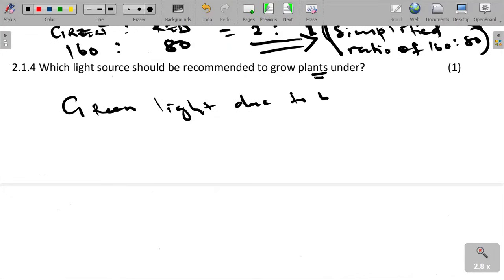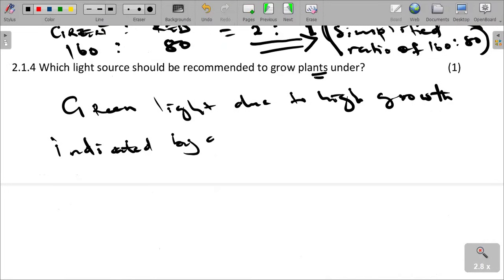Green light, due to high growth rate indicated by the amount of oxygen produced.